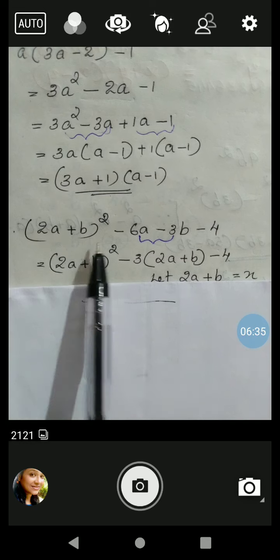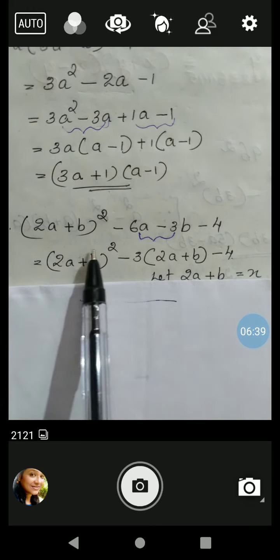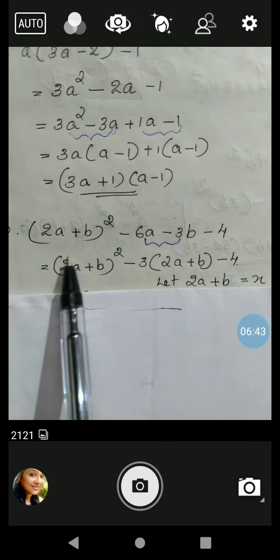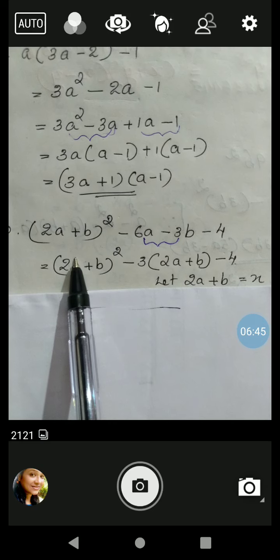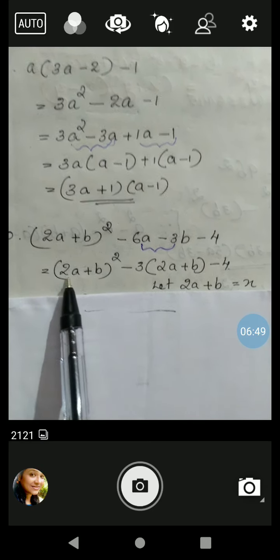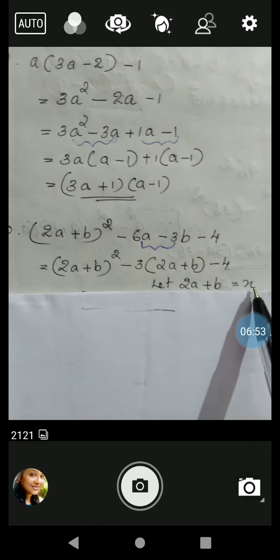Ax square plus bx plus c, that form. Here instead of x there are two terms, this expression. So for easiness we can let 2a plus b be another letter. Yes, x.